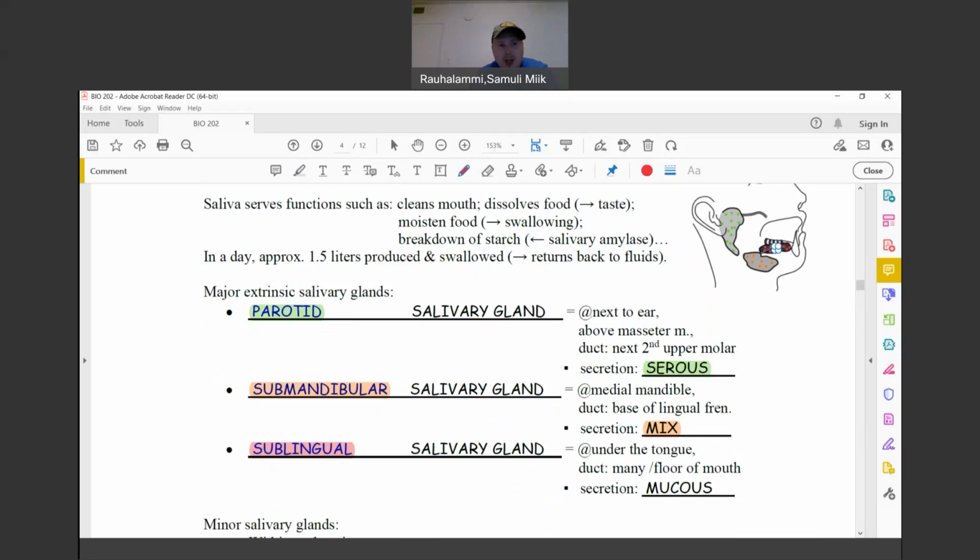It opens to multiple locations at the floor of the mouth. If I should highlight something else, I would highlight that the secretion from the sublingual salivary gland is very mucus, so thick in characteristic. So those were our 3 salivary glands that I'd like you to know.